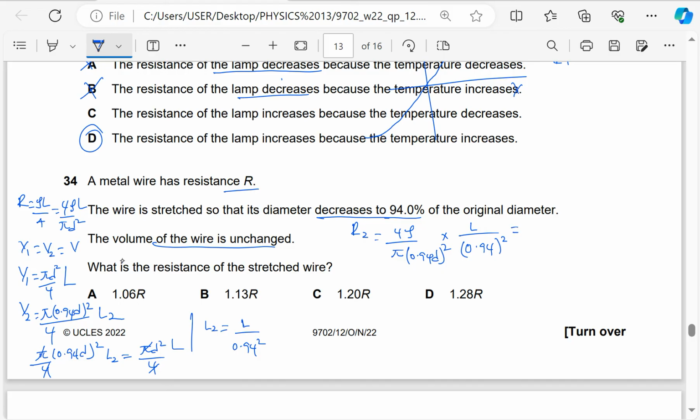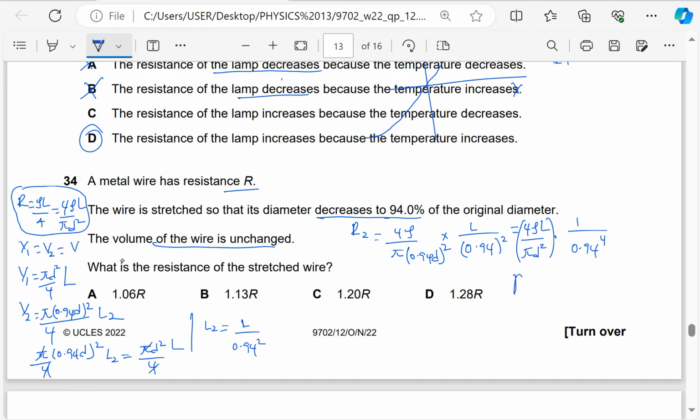So this is going to be 4 rho L over pi. I'm pulling out d, so it will be pi d squared times 1 over 0.94 squared times 0.94 squared, so it is 0.94 raised to power 4. So this one alone is the initial R that we had before, which is this one here.